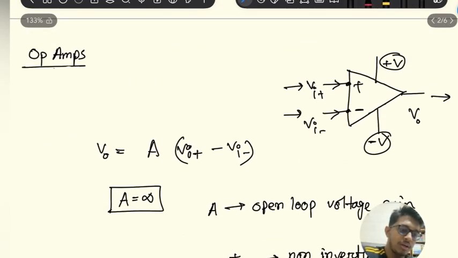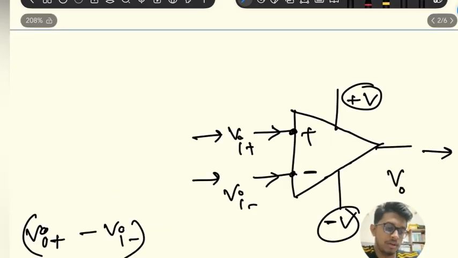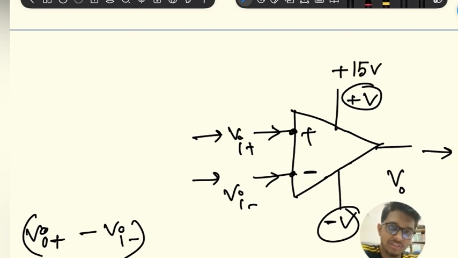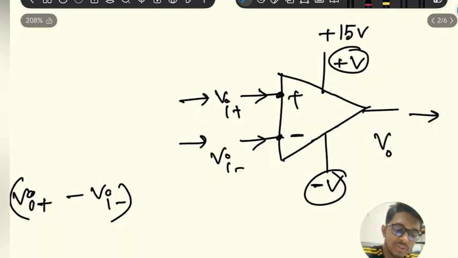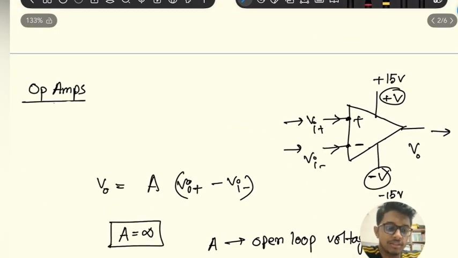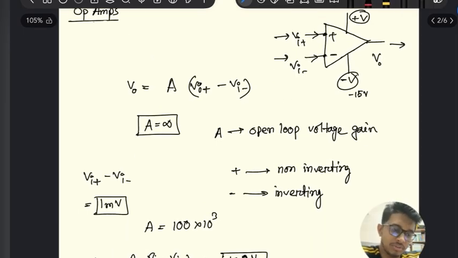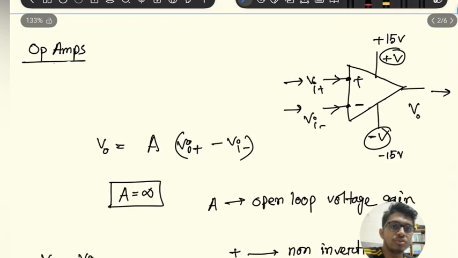The answer is no. It depends on the bias voltages. If we give plus 15 volt bias voltage as the positive bias, and in negative bias, let's say we gave minus 15 volt, then we will never get the output voltage more than 15 volt. That is, it actually limits the output from being too large.